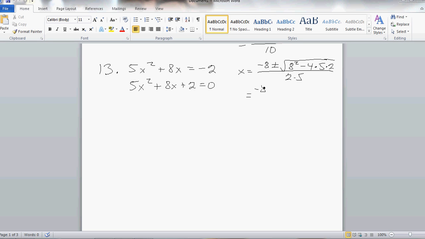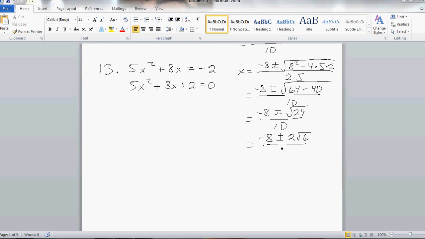This is negative 8 plus or minus the square root of 64 minus 40 all over 10. Negative 8 plus or minus the square root of 24 all over 10. And since square root of 24 can be rewritten as 2 root 6, we can do that.